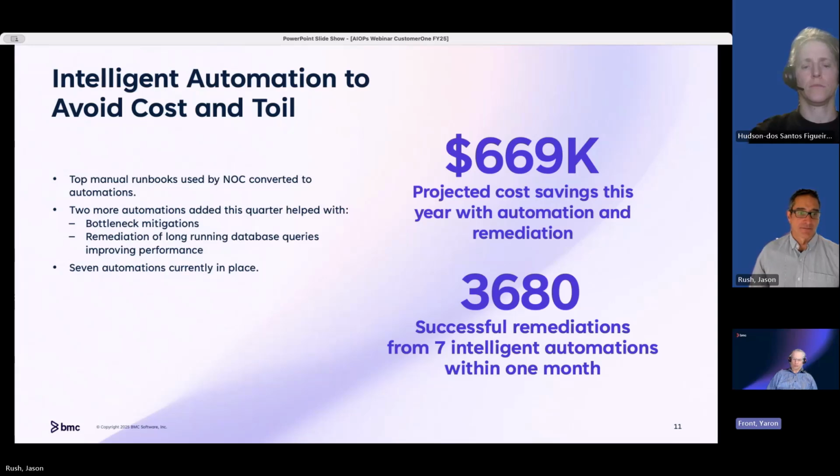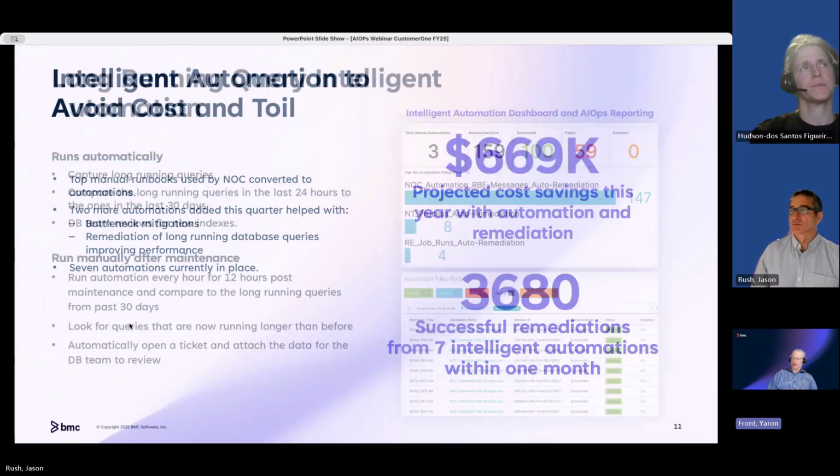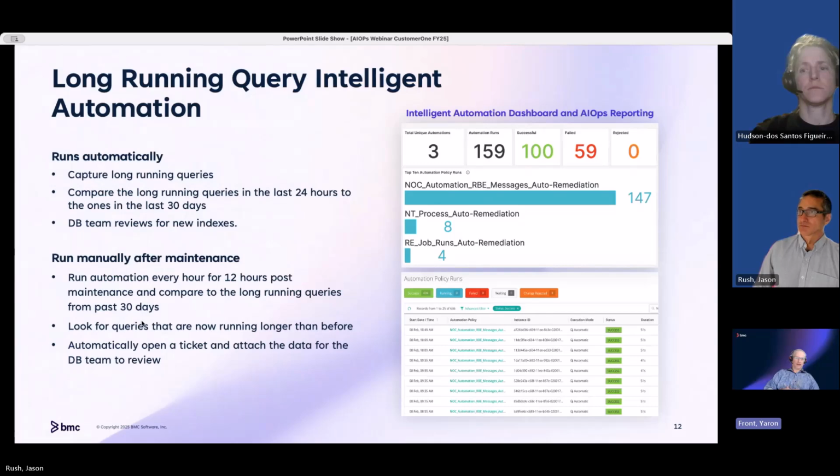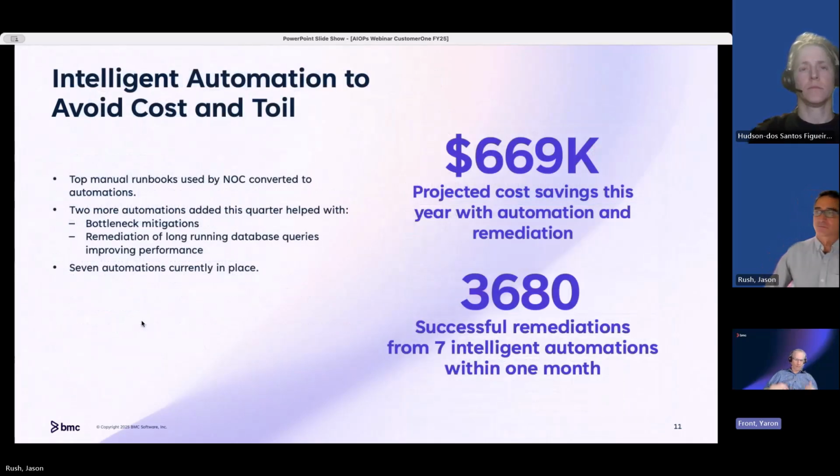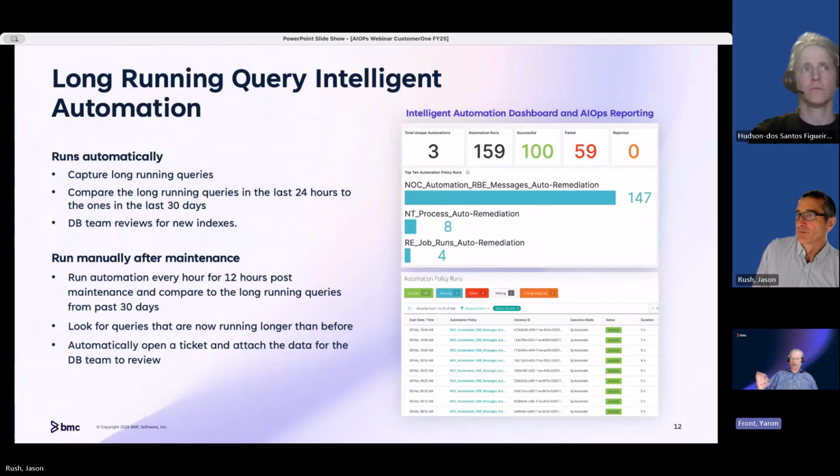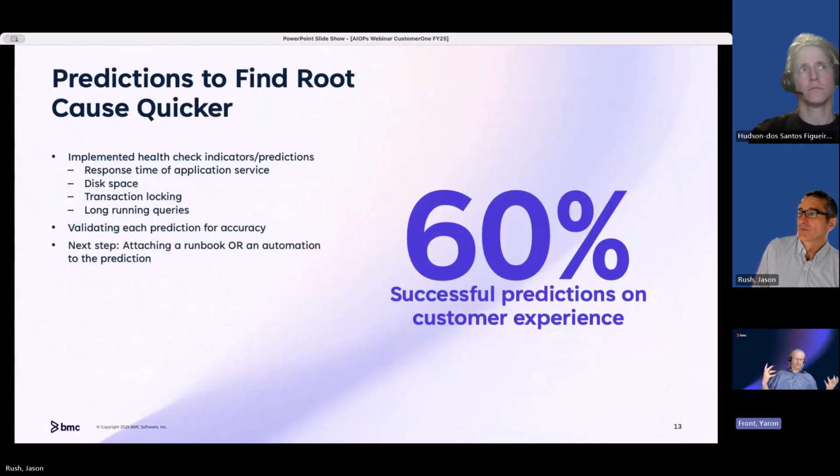Interesting. So there's a lot of value in automation, but you also mentioned a little bit about being more proactive and looking into the future. So predictions seem to be key to what you do on a daily basis. So how do these predictions help you to find root causes quicker?